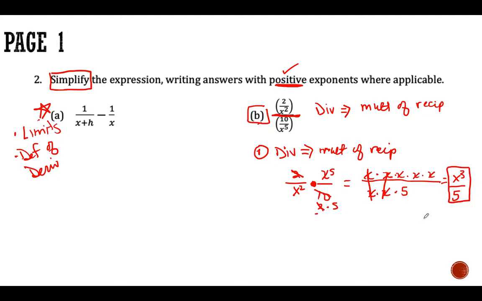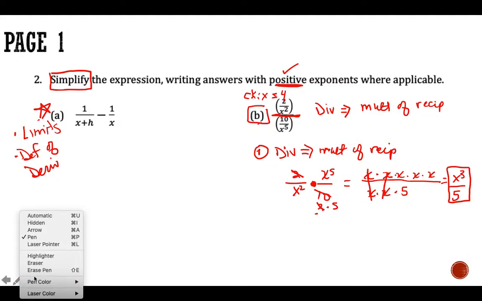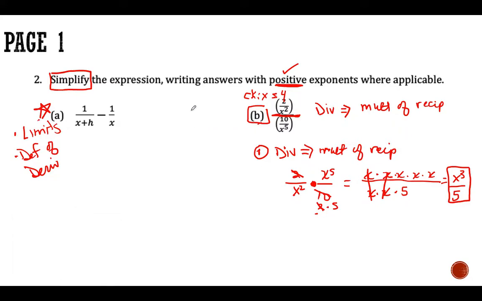X cubed over 5. Again, if you chose x to be equal to 4, what do you get in the original? In the original, if x is equal to 4, you get 2 over 4 squared divided by 10 over 4 to the 5th.